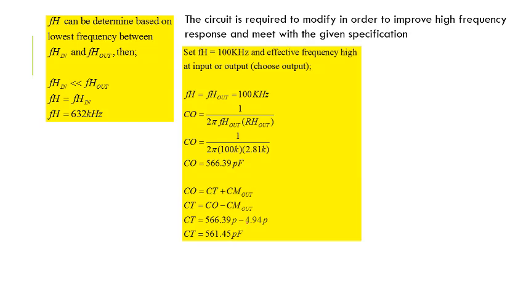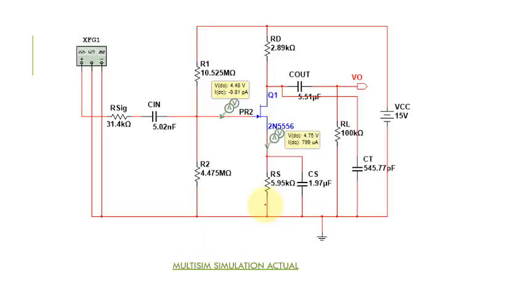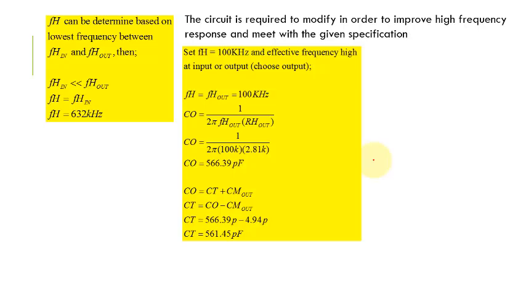With C Miller out at 4.94 picofarad and the total capacitor around 560 picofarad, we can get the tuning capacitor of 561 picofarad. We apply this CT at the output side, and when we add it to the Miller capacitor, we get around 560 picofarad, which will set our high cutoff frequency at around 100 kilohertz.